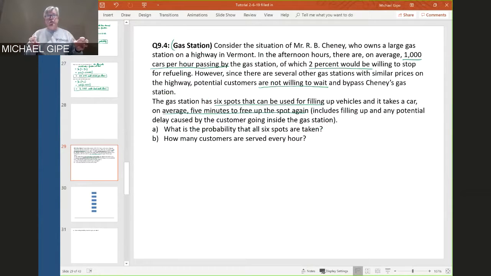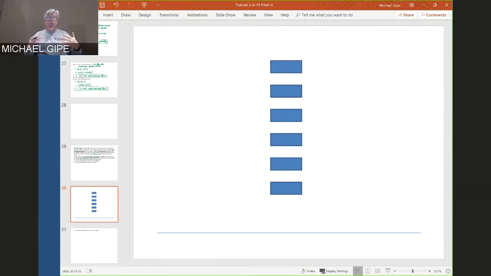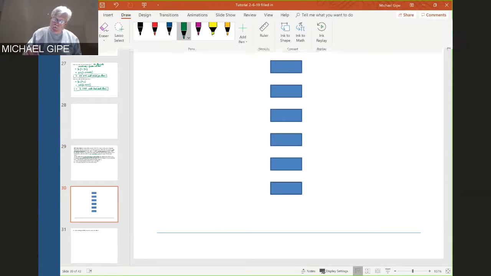Of the customers that are coming in, some are lost, some are not lost. How many are left that aren't lost? The wrinkle here is we're not given directly the number of customers arriving. We've got to figure that out.